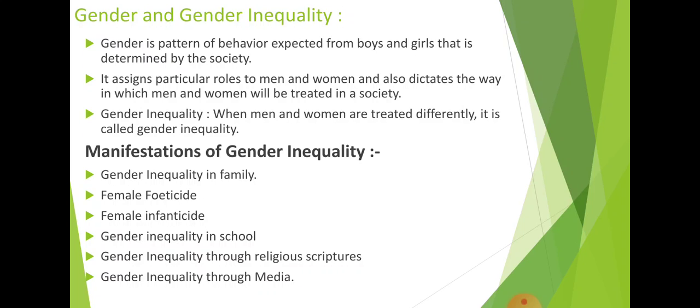Textbooks of the schools also give a stereotypical image of men and women, like the woman is working in the kitchen, the man is reading a newspaper, watching television, or working on a laptop or other things.